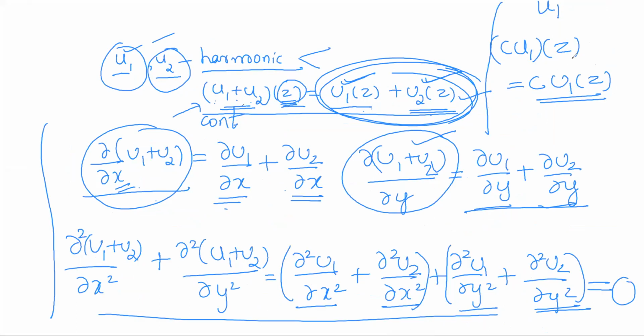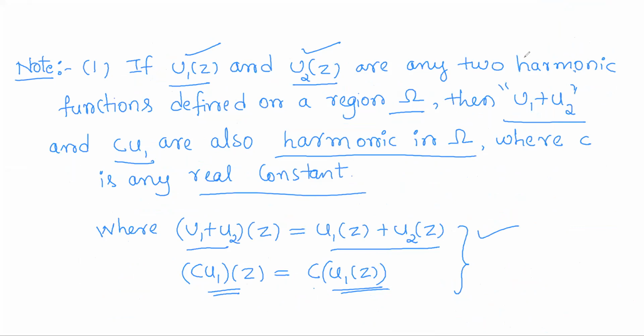That means whenever U1 is harmonic, its scalar multiple is also a harmonic function. So as we argued for U1 plus U2, we can argue in the same way for C into U1. So the conclusion is, the sum of two harmonic functions is harmonic, and a scalar multiple of a harmonic function is harmonic.